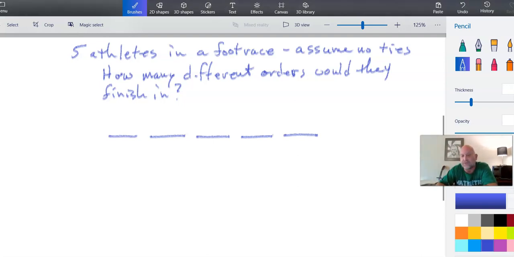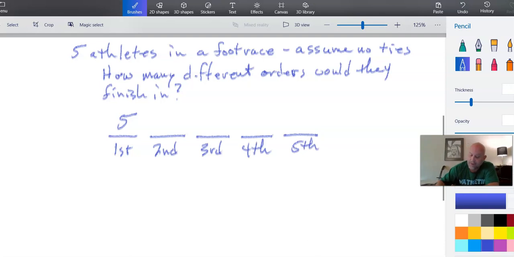So if I start with first place, we want to ask ourselves, how many choices do I have for first place? Well, there's 5 competitors. Any one of those 5 could finish first. So there are 5 choices for first place. In fact, let me write that in. Okay.